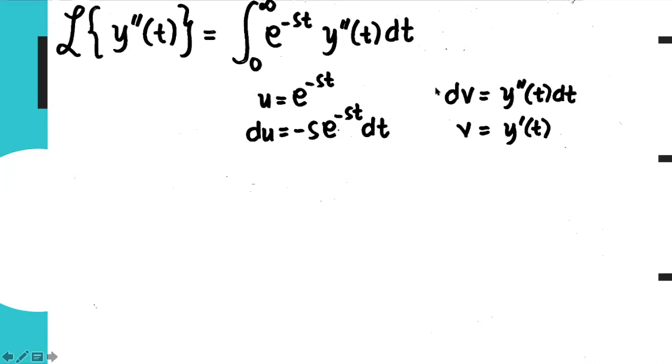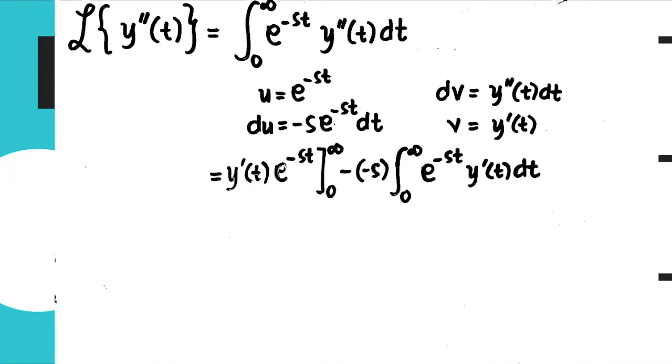We integrate both sides of the equation, so we have v equal to, of course, if you integrate y double prime, it becomes y prime of t. Do you follow? Now let's proceed to plugging into the formula for by parts, which is u times v minus the integral of v times du. So u times v is y prime of t times e raised to negative st.